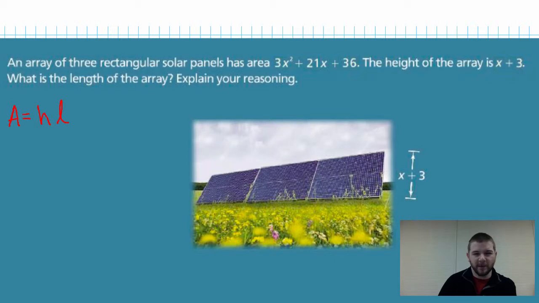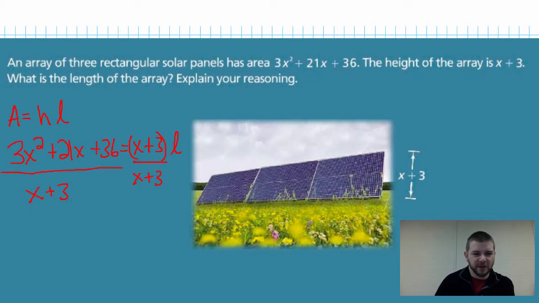So we can very simply write the equation area equals height times length, replace area and height with the information we're given. To find this equation, we only have one variable remaining, length, our unknown quantity, and in order to solve for length or isolate the variable L in this equation, we need to divide both sides of the equation by x plus 3.